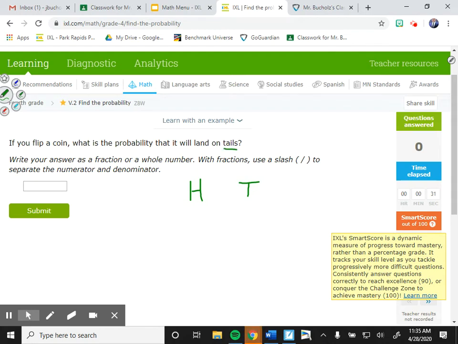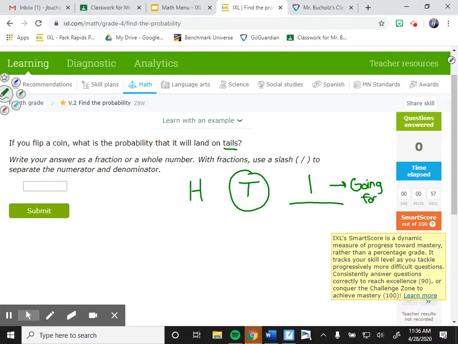Remember, if you need to learn with an example, that might help. We only have one option, right? So we have one option out of, so this is the one that we're looking at, this is what we're going for.